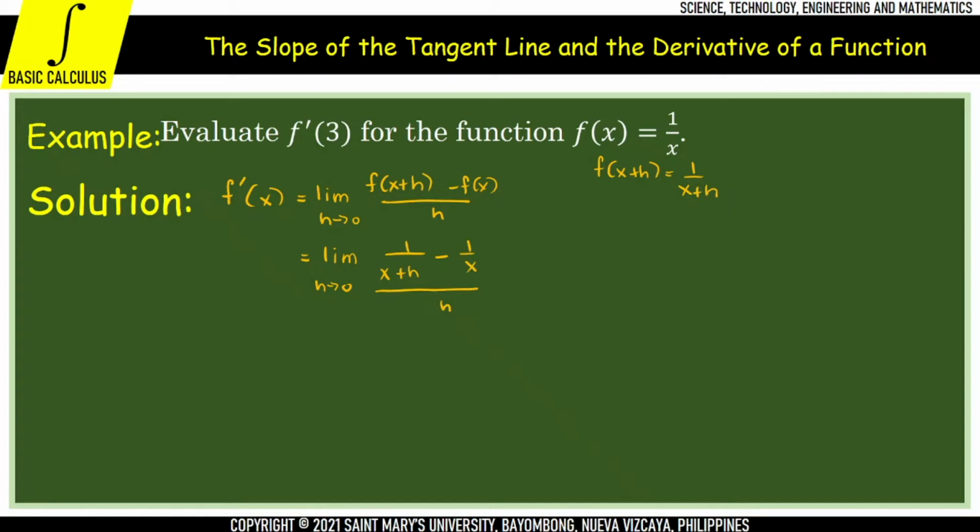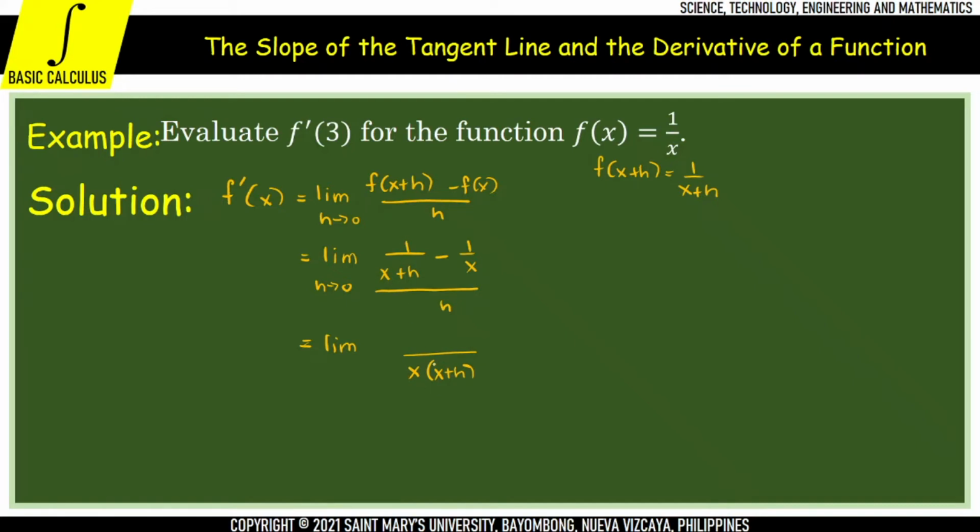Such as, paano mag-simplify? Pag-isahin natin yung dalawang fractions sa numerator by getting first the least common denominator. Ano ba ang least common denominator ng x plus h and then x? O, since wala silang common factor, kukunin lang natin yung dalawang denominator as their common denominator. Next, divide the common denominator by each of the denominator and multiply in the numerator.